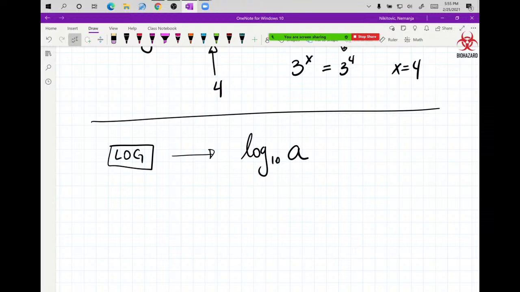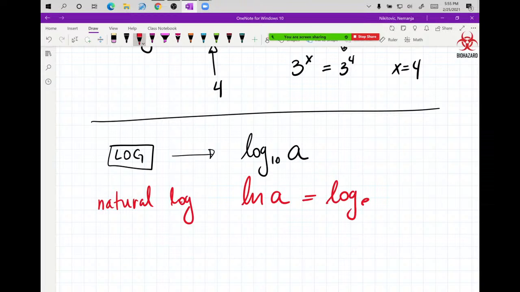Now, before I go in there, I also want to introduce the natural log, ln of a, which is actually the log base e of whatever number you put in there. It's just a lazy notation for the log of base e.